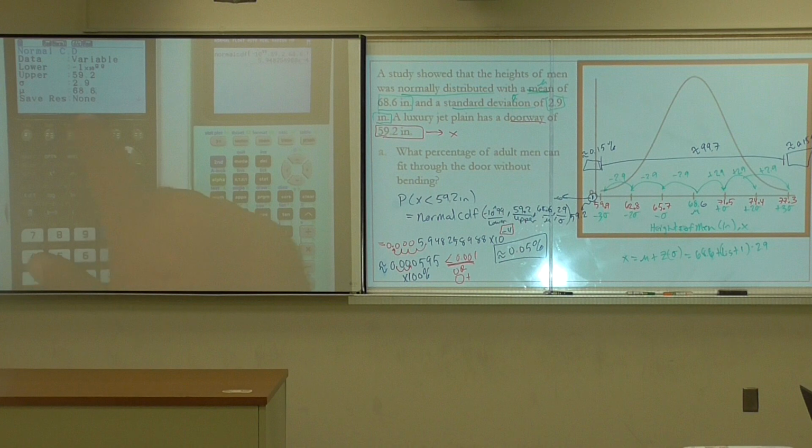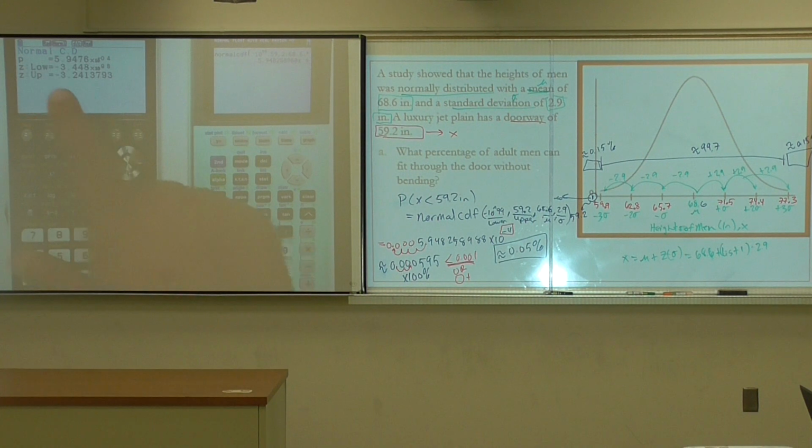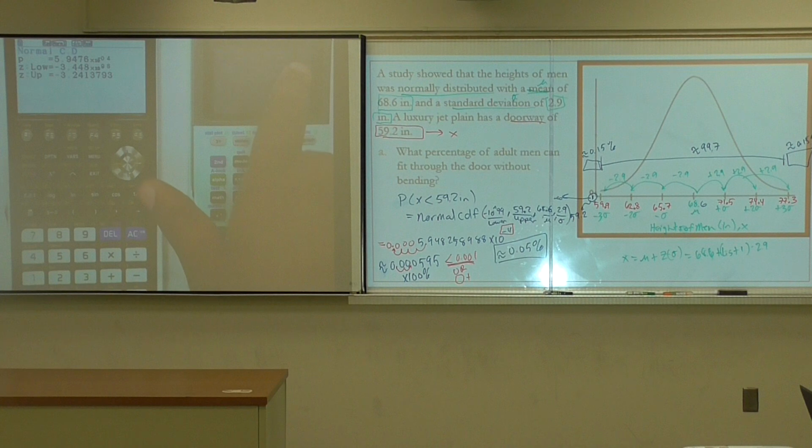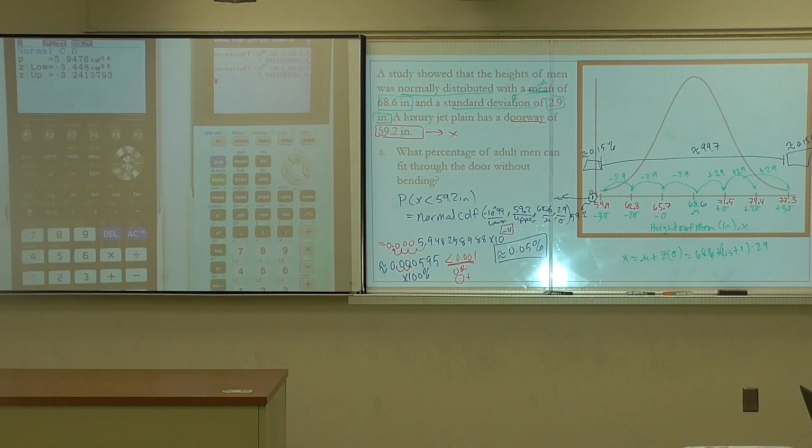You don't need to save anywhere. If you want to store to a list you can, but you don't necessarily have to. Now I can just go ahead and enter, and we get the same answer. Remember, I said E is times 10 to the power. They're matching, so we have the same results.